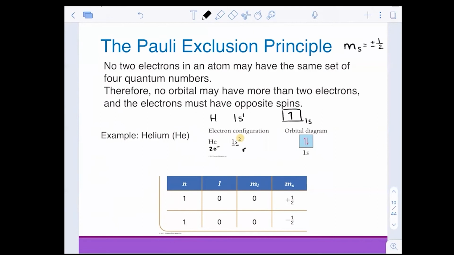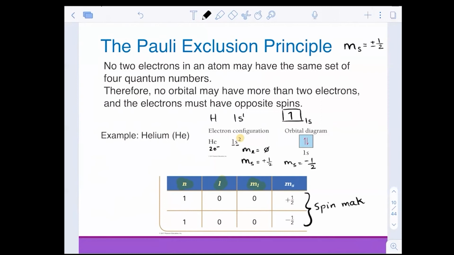Now, we do know that ML equals 0, and how we get the 2 electrons in that orientation is by having one have an ms of plus 1/2, and the other will have an ms of minus 1/2. The Pauli exclusion principle says this: no 2 electrons in an atom can have the same set of 4 quantum numbers. Their N, their L, and their ML can all be identical, but what has to be different is the spin.